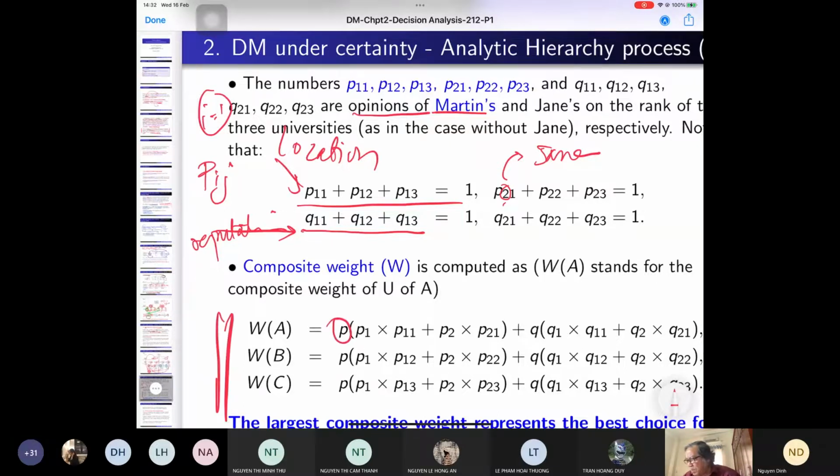The P and the Q are the weight of the parents to Martin and Jane. As I told you, the parents can say the opinion of Jane is more important than Martin, so 60%, 40%, and then we have to calculate here 40, 50. Is that okay?